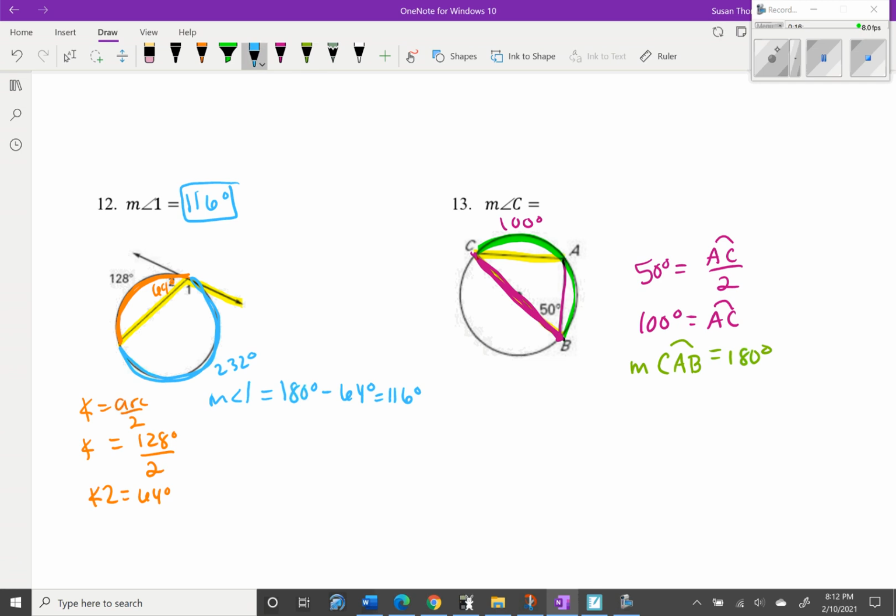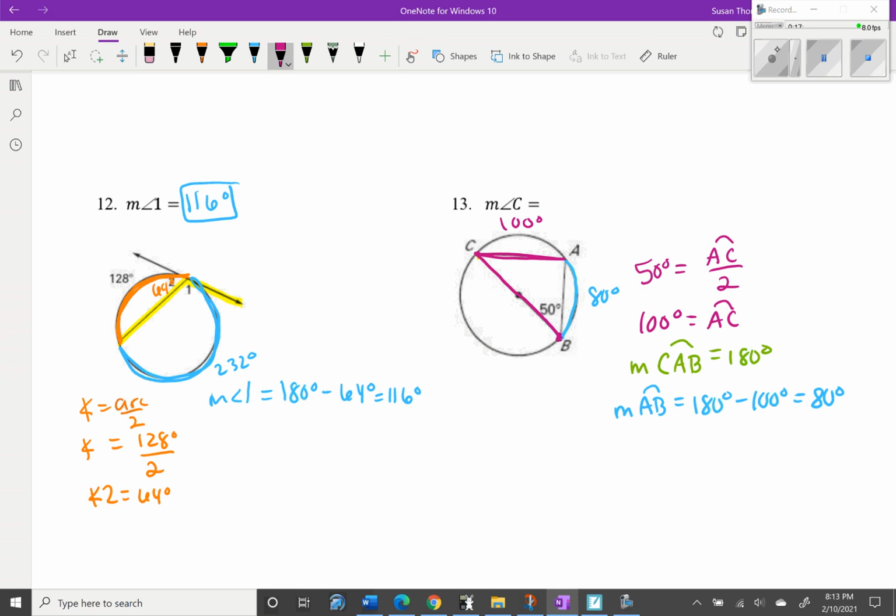So the measure of arc AB is equal to 180 degrees minus 100 degrees, which equals 80 degrees. So we know that this arc right here is 80 degrees, and we needed to know that because that is where our angle intercepts our arc.